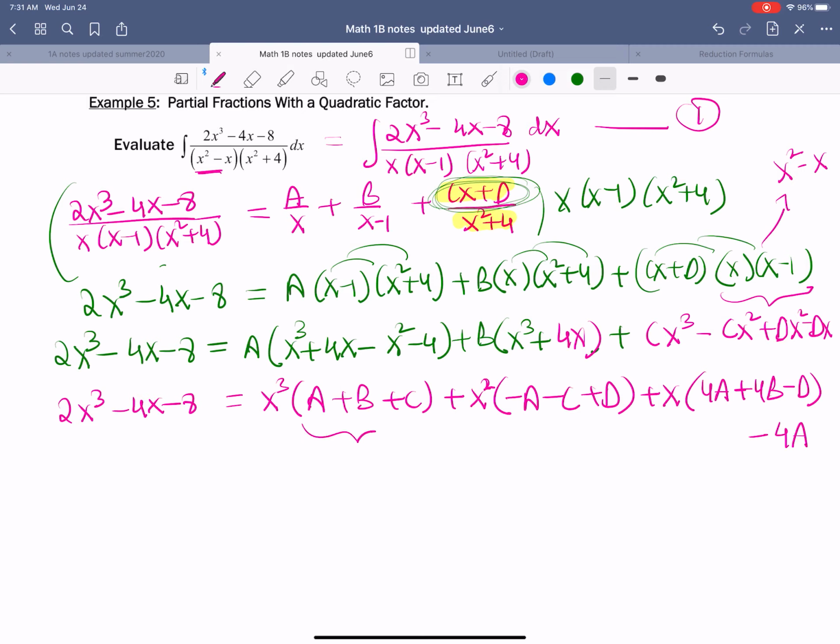Now we can equate the coefficients of x cubed, x squared, x, and the constants. I'm also going to use a clever substitution like I did before.